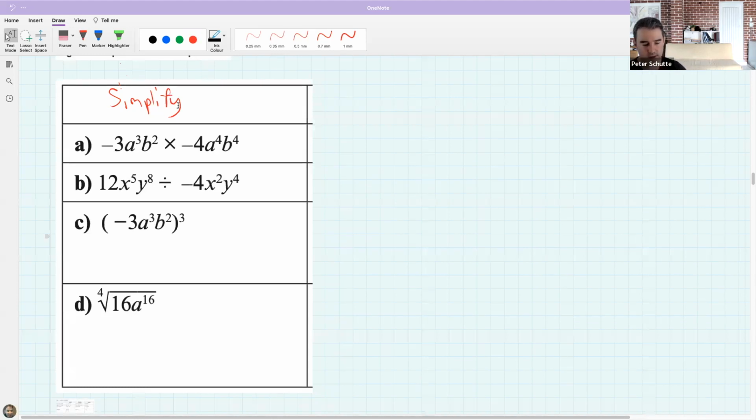And as you do that, you're free to ask questions, but for the most part, I just want to see how you apply the laws for exponents. And then D is just a little something which we'll talk about. But now is a great time to ask a question if you do have a question, because I'm free and willing to apply my mind to help you.